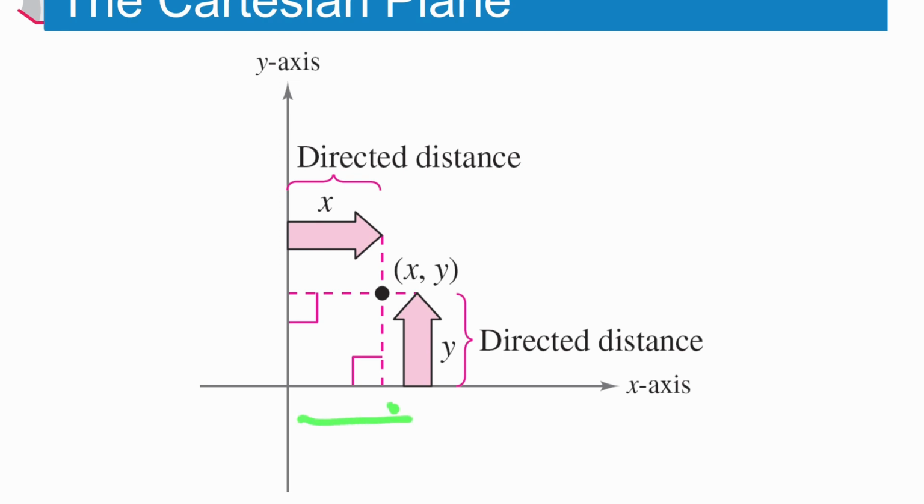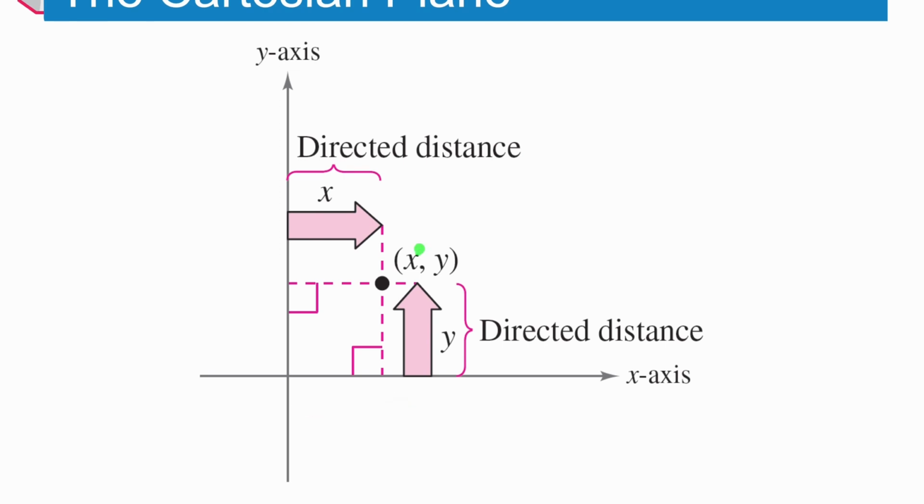And so moving to the right, that's positive. So positive x moves along the horizon to the right. And then positive y moves up. So the up direction is positive for y. And so this is positive x and positive y, moving to the right x amount and up a y amount.